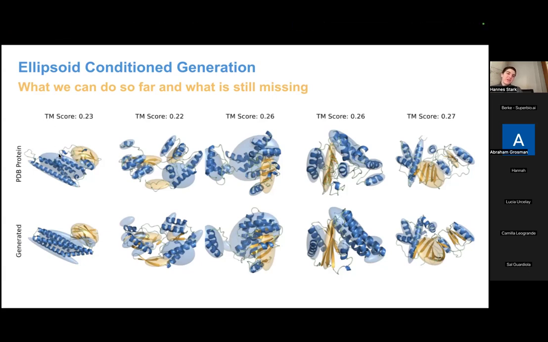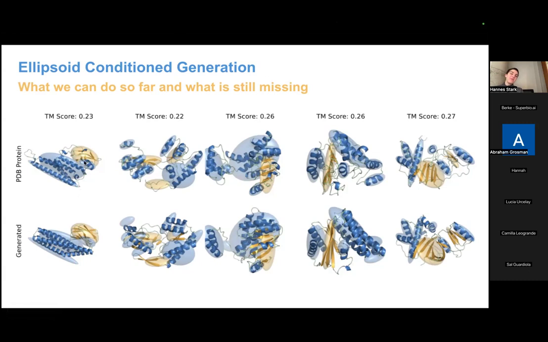And that's what we're visualizing here. What you have in the top row is always a protein from the protein data bank, and then the ellipsoids that we extract from this protein. And then what you have at the bottom is the protein that we generated when conditioning on these ellipsoids.